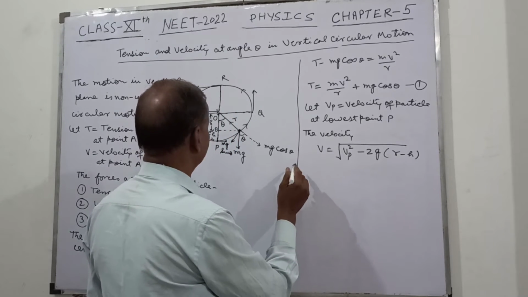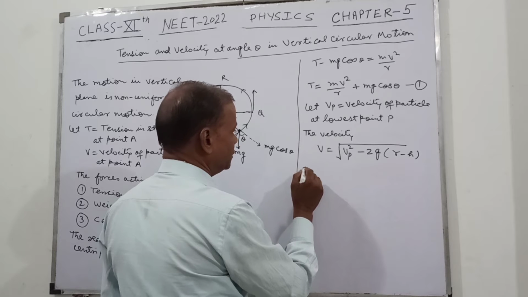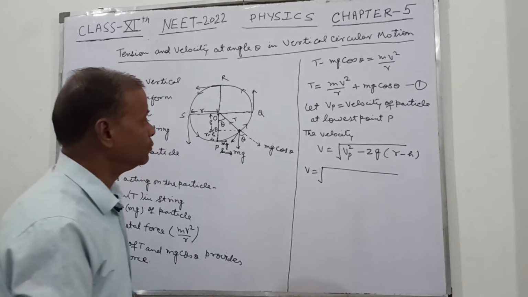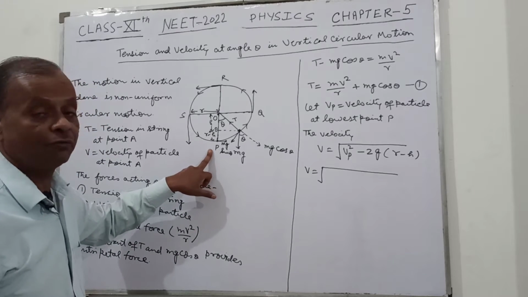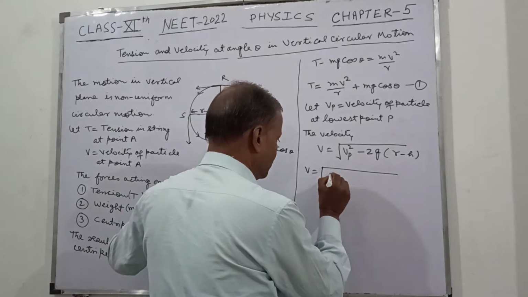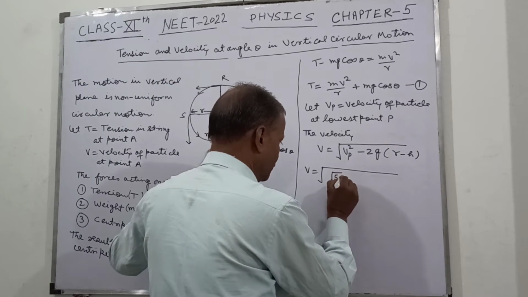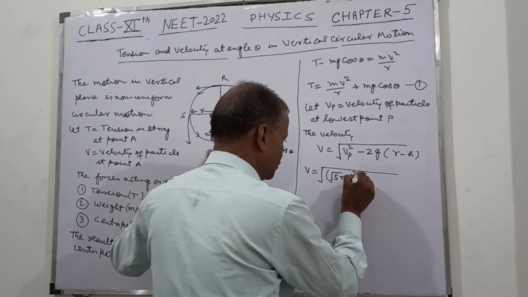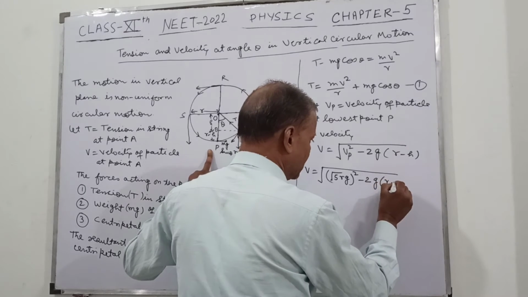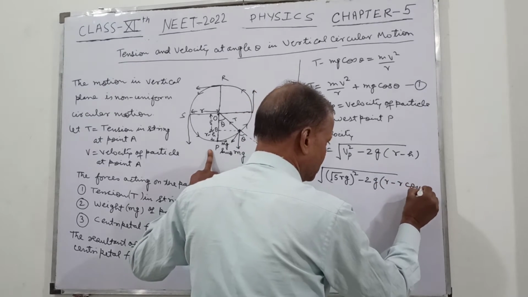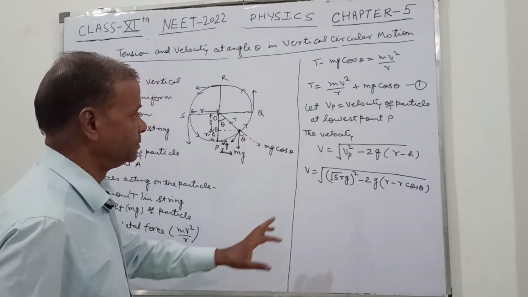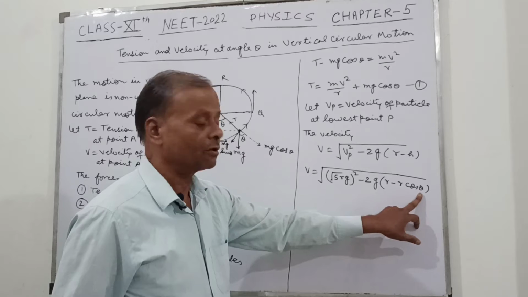Now from the triangle, V equal to square root of, we know that the velocity at the lowest point is equal to square root of 5rg. So V equal to square root of 5rg minus 2g times r minus r cos theta. Now from this triangle OBP, h equal to r cos theta.